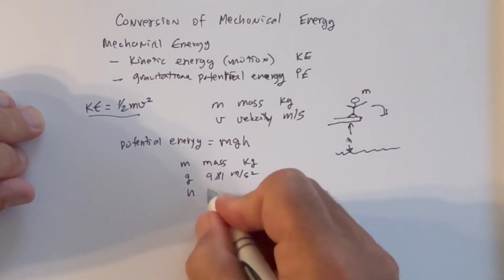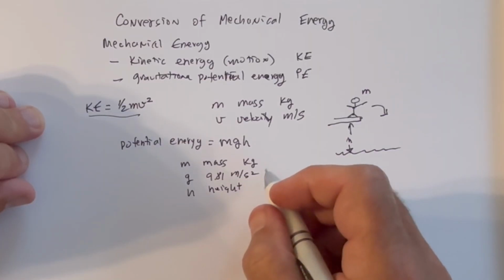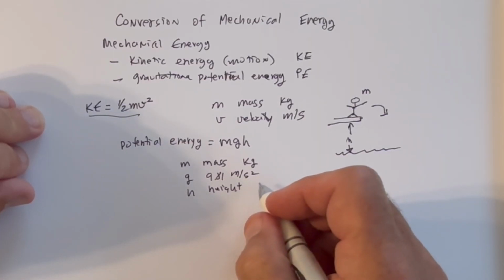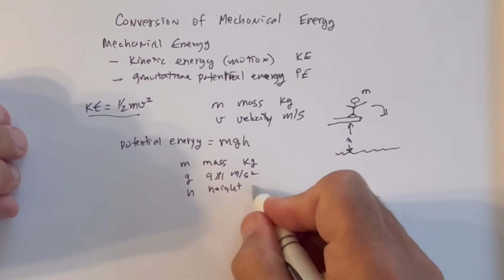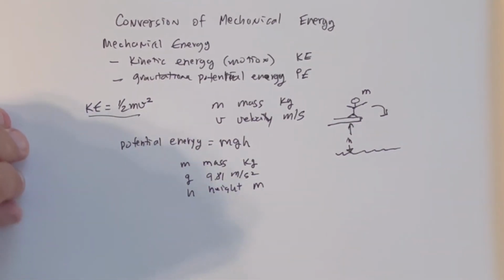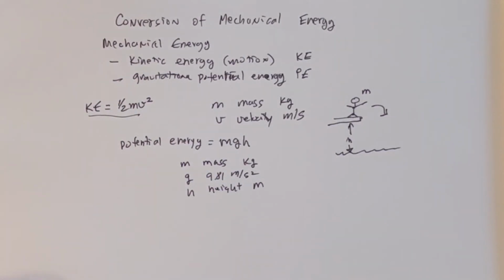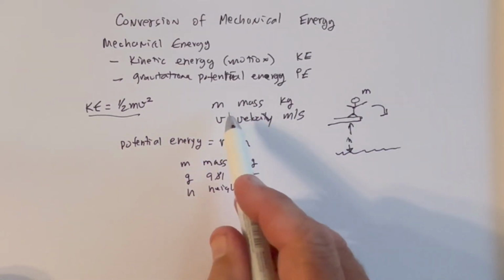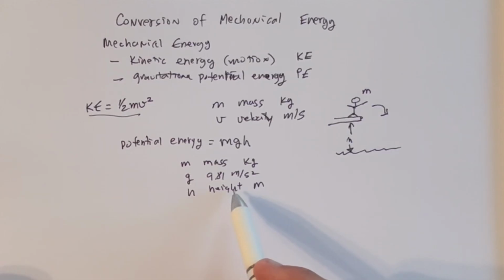And then h is going to be the height of the object above the surface of the Earth, or the two differences. You're trying to measure a difference in potential, and that's going to be in units of meters. So those are our two. We got mechanical energy broken down to kinetic, and then the gravitational, and here are our two equations, for the kinetic energy and for the potential energy.